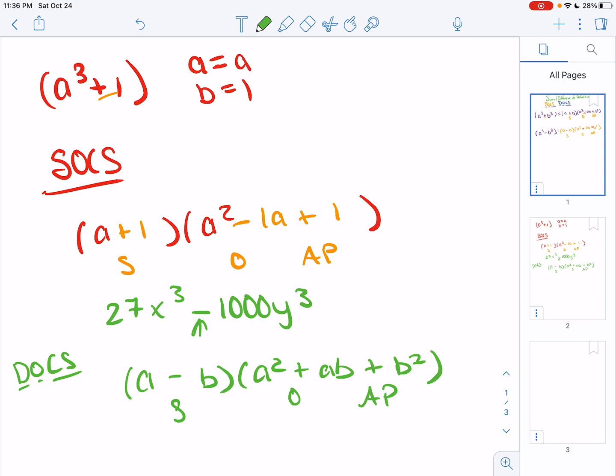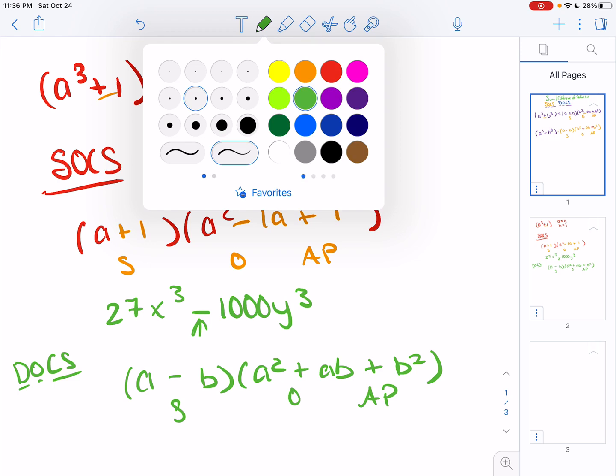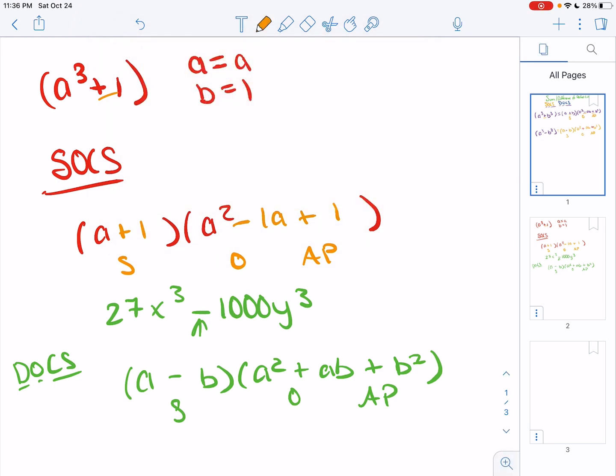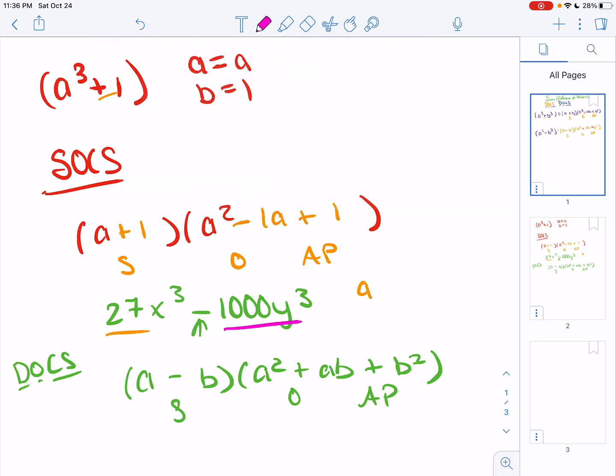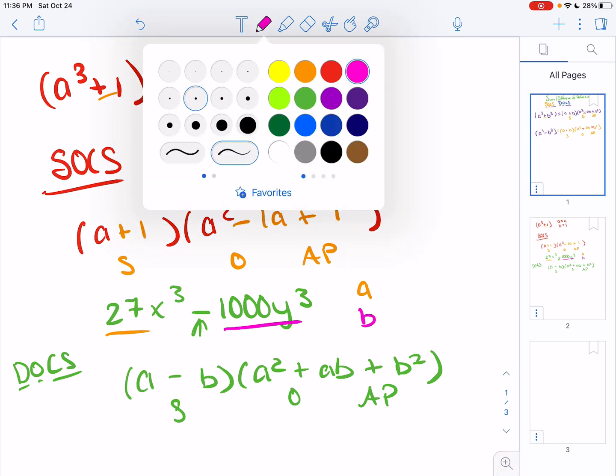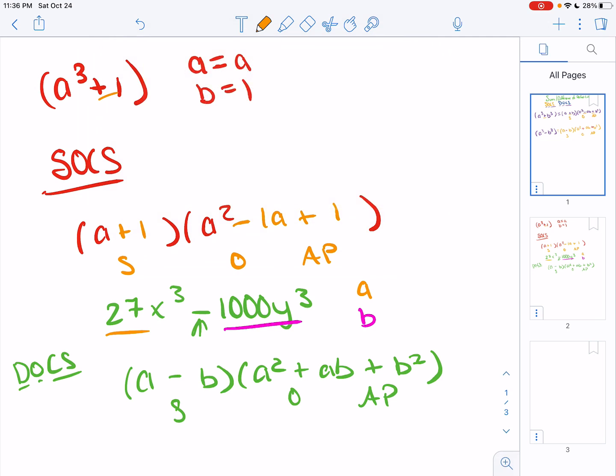Now let's find a and b. a is the cubed root of this term, and b is the cubed root of that term. So the cubed root of 27x to the third.